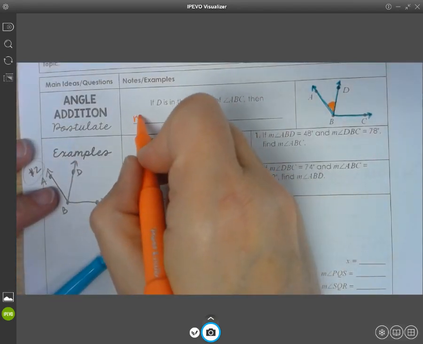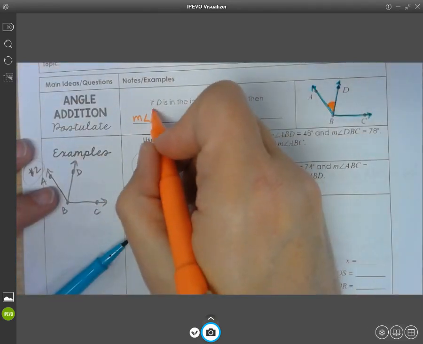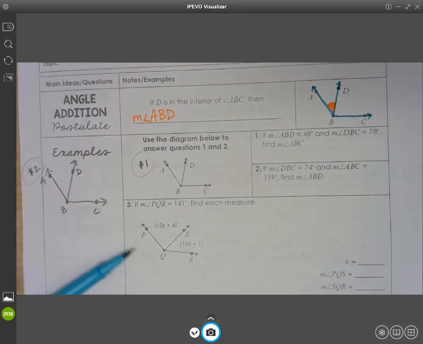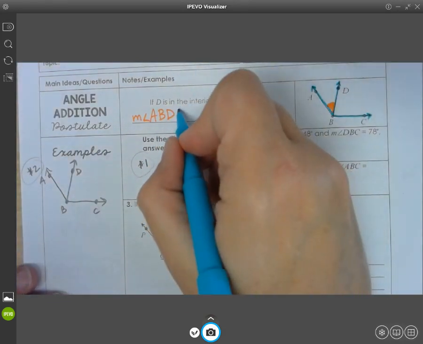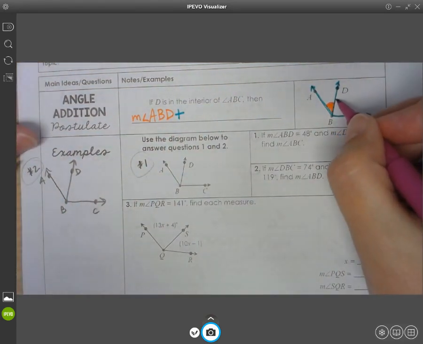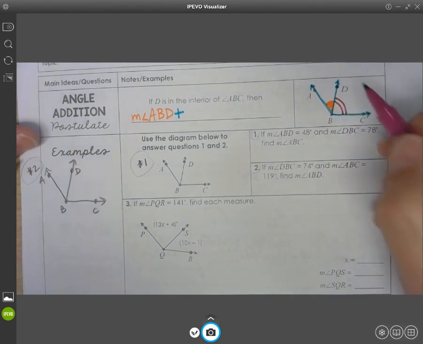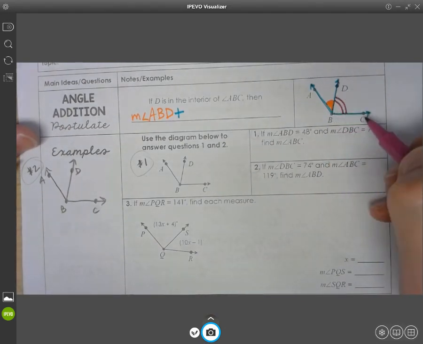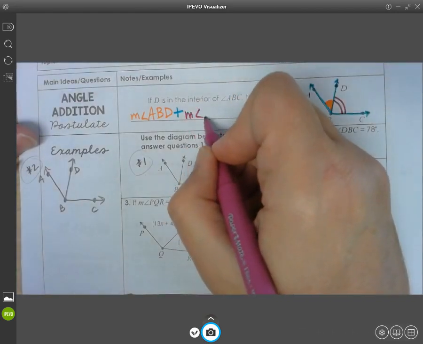So the measure of angle ABD plus this other angle on this side, DBC, the measure of angle DBC.